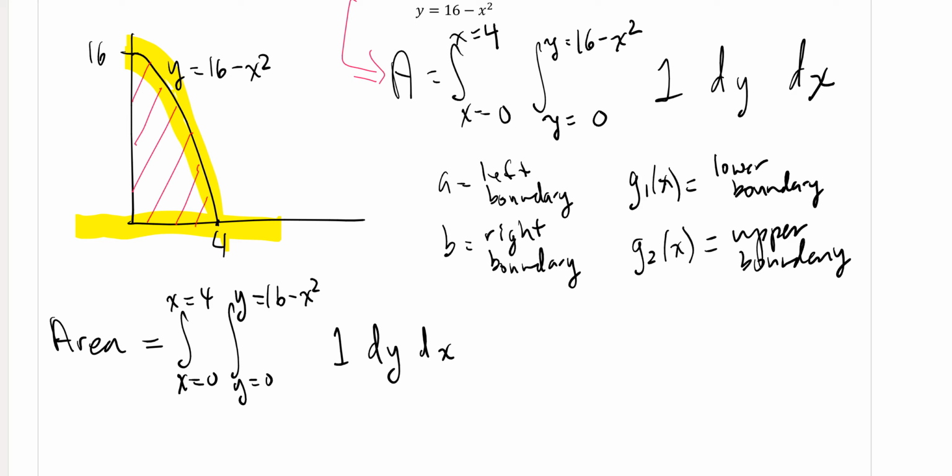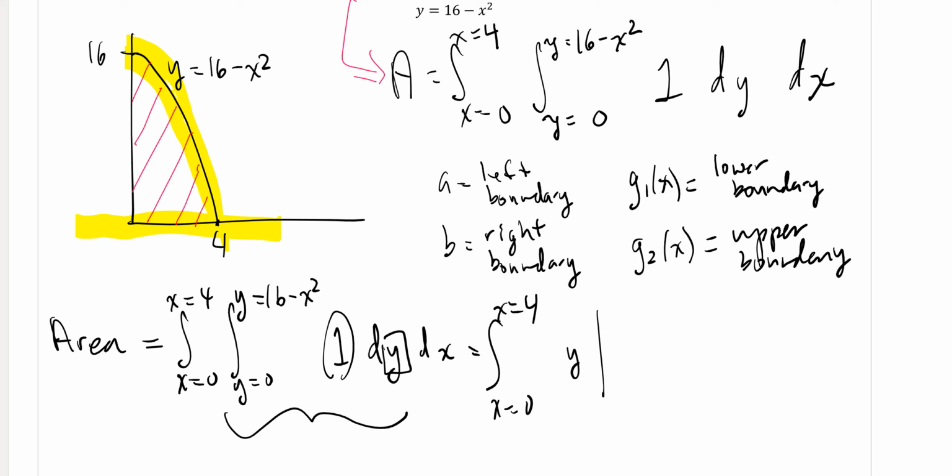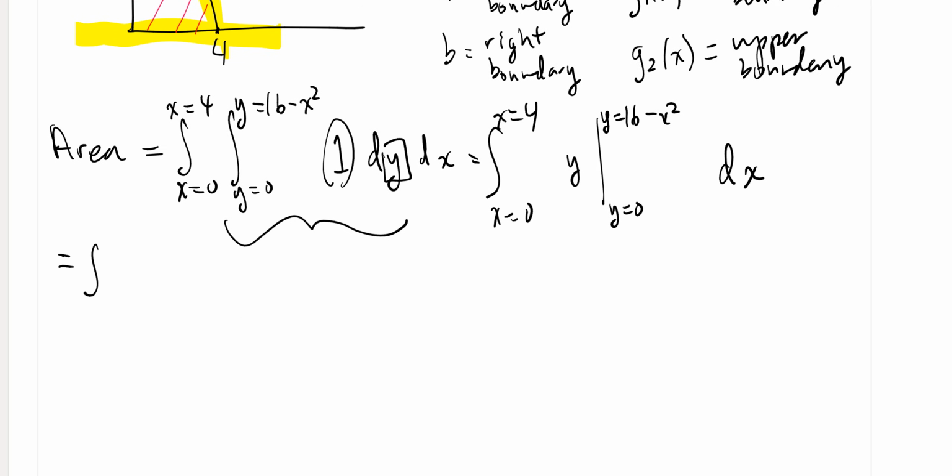Now we can work this out. This is equal to the integral from x equals 0 to x equals 4 of, we'll do the inside integral, which is the integral of 1 with respect to y. So that's y evaluated from y equals 0 to y equals 16 minus x squared, dx. And this will be equal to the integral from x equals 0 to x equals 4 of, plug in now, y is 16 minus x squared, so that will be 16 minus x squared minus, plug in y equals 0, so that will be minus 0, dx.